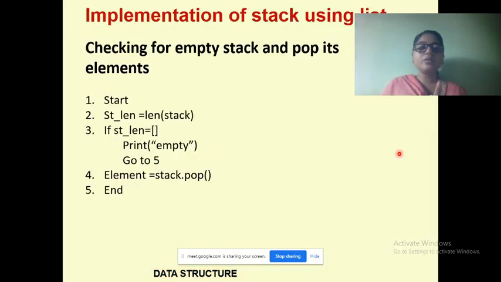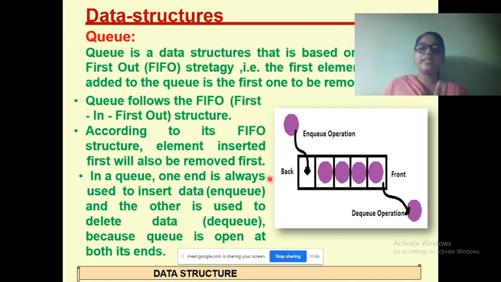But in case of queue, there are two ends. It is inserted from the back, because the person who comes late will stand at the back, and the one who comes early will be removed first from the front. So remember that it has two ends, which are known as front and back.